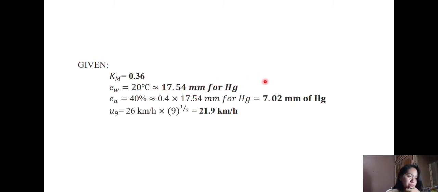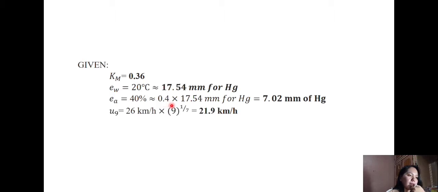17.54 millimeter of mercury. And E sub A is the actual vapor pressure of the overlying air at a specified height, in millimeter of mercury. Given relative humidity of 40%, convert it, which becomes 0.4.